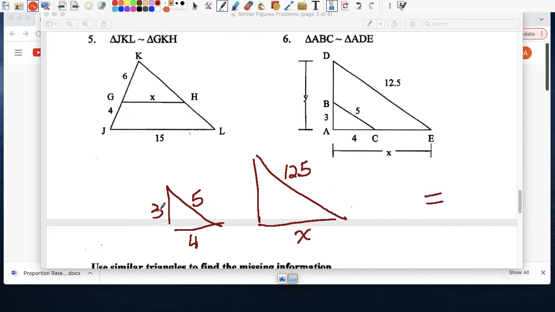I won't use 3 obviously, because there's nothing here. I have an unknown value for the side that corresponds with 3. So this and this I won't use, but I will use these two, 5 and 12.5, and I'll use 4 is x. So 5 corresponds to 12.5 as 4 from the small triangle corresponds to x.